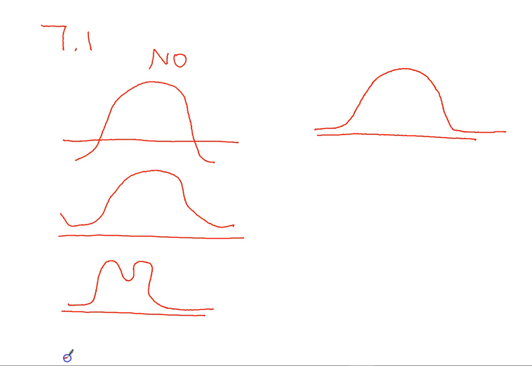It might look something like this, like a histogram, and this is not normal, whereas one that looks kind of like this is what we call roughly normal.